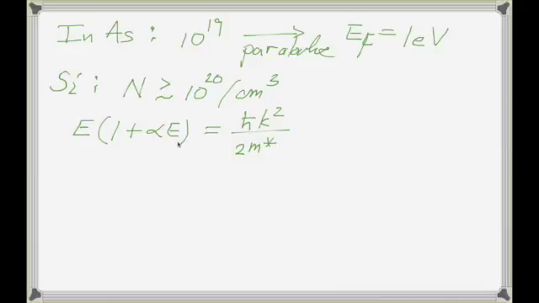You all know what the bands of silicon look like? In all of these materials, the valence bands look pretty much the same. The valence bands are all down here at K equals 0. You've got your light hole, your heavy hole, and your split off.